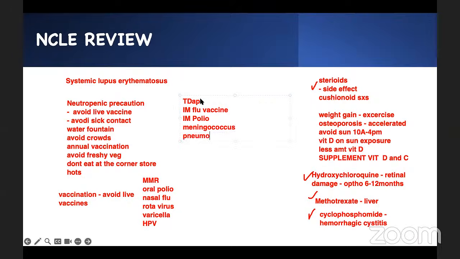They can get pneumococcus and H influenzae. These are safe vaccines for them. They cannot have a live vaccine like this one. So this one is negative. This one is positive. This patient can have it as much as possible because it's acceptable, right?